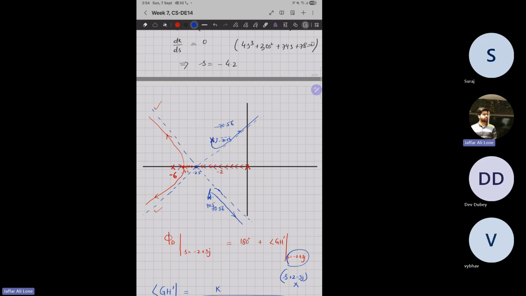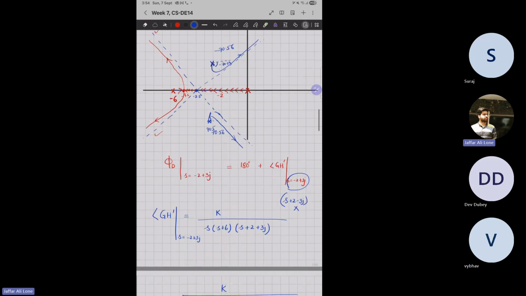Okay, so is there any question? There is a formula for the angle of departure, and we just apply it: the angle of departure is 180 plus the angle of GH dash, where GH dash is the transfer function obtained by removing the pole at which the angle of departure or arrival is calculated. So that's what we did.